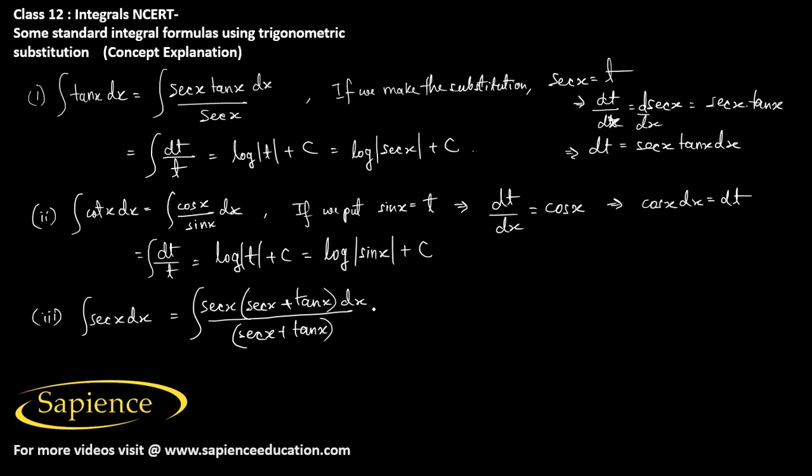So here also we can make the trigonometric substitution. Suppose we put t equals sec x plus tan x, then dt by dx will be equal to d by dx of sec x plus tan x.